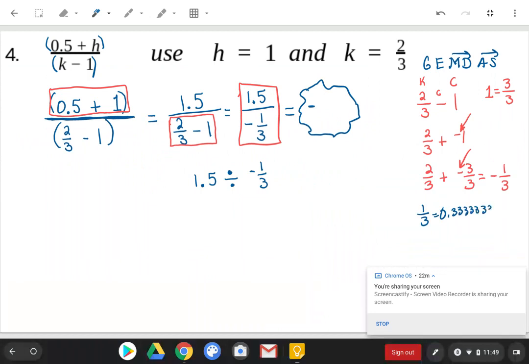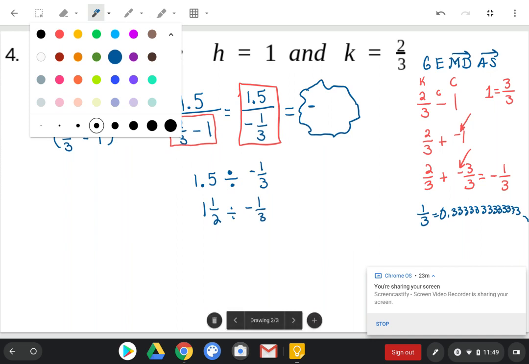And we can't work with that number like that as a decimal because that 3 never stops, okay? So it's going to be better to turn 1.5 into a fraction. Here's where we have to remember what 1.5 means. Does that not mean 1 and 1/2 divided by -1/3? And then I need to turn that 1/2 to an improper fraction.